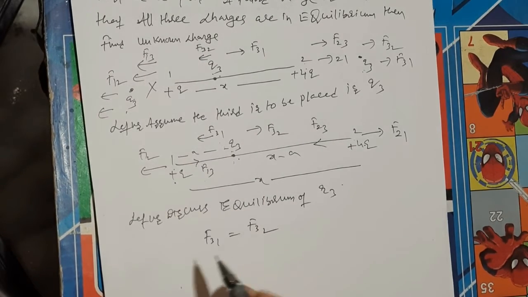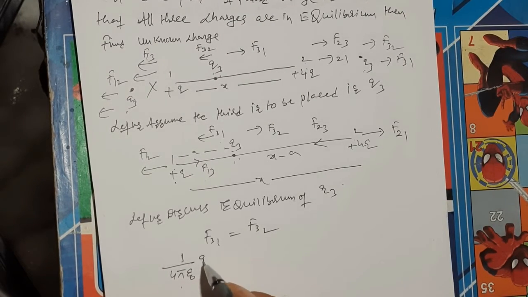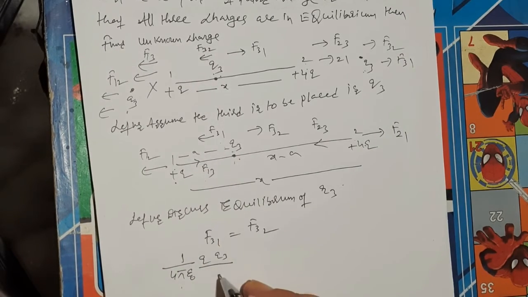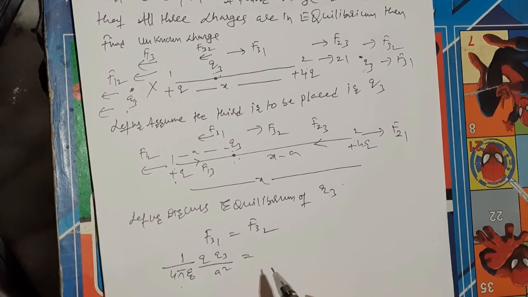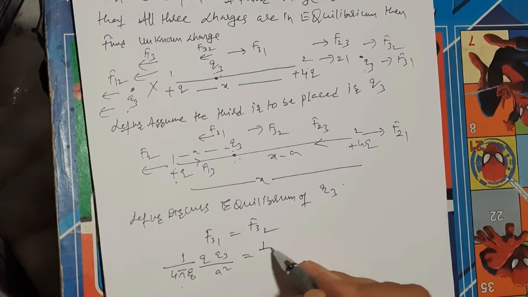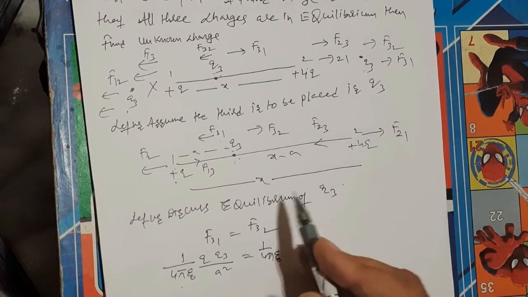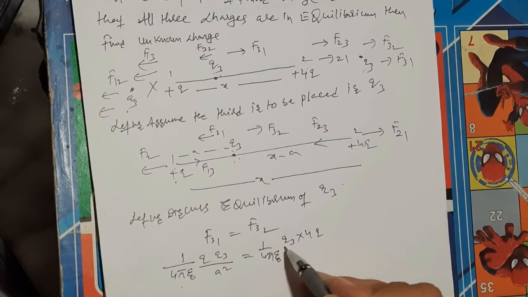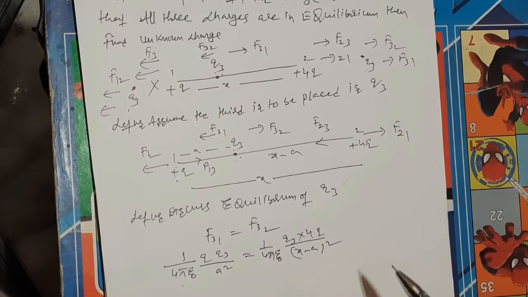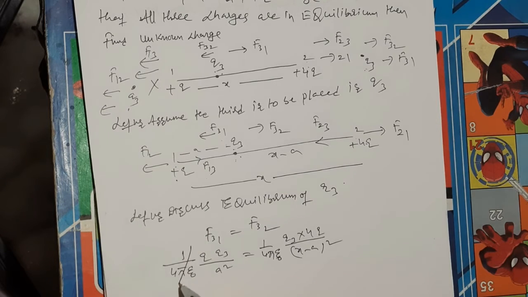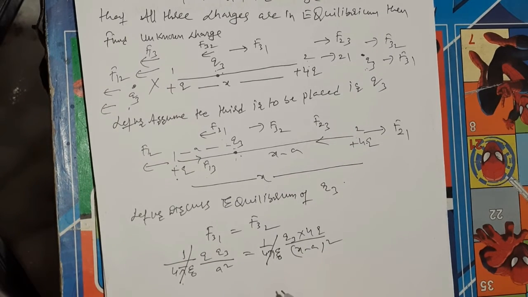What is F31 here? 1 by 4 pi epsilon naught, Q into Q3 divided by the distance between the first charge and third charge, a square, is equal to F32, 1 by 4 pi epsilon naught, Q3 into 4Q divided by x minus a whole square. Okay? Right. Here on both sides what gets cancelled? 1 by 4 pi epsilon naught cancels.